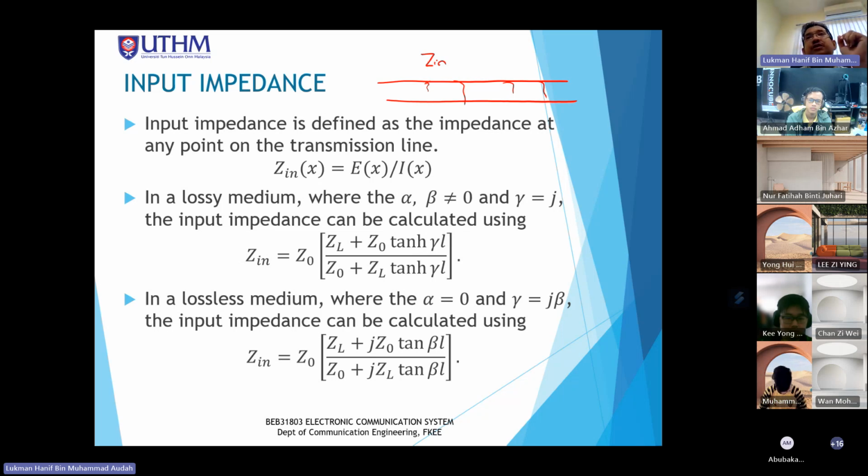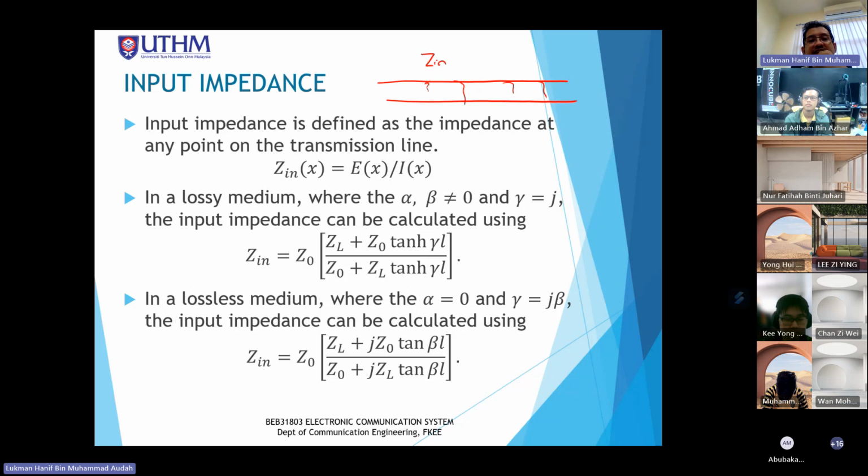This is different from the characteristic impedance. Regardless of the length, regardless of any point, the characteristic impedance of the transmission line would be the same. But the input impedance is a specific impedance at a certain point in the transmission line, so they're going to be different values.